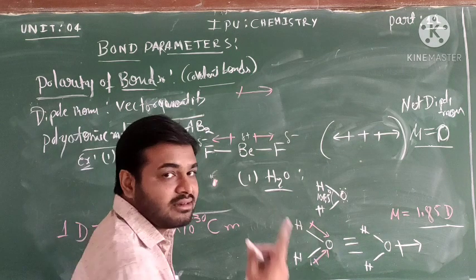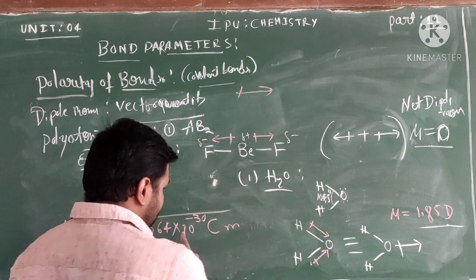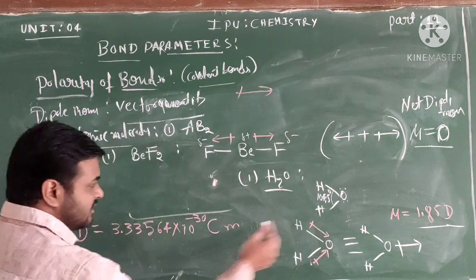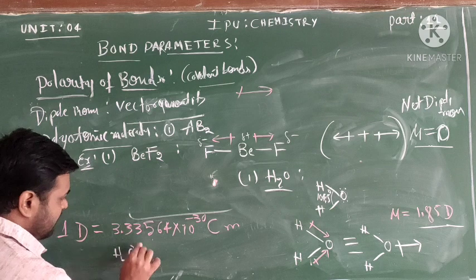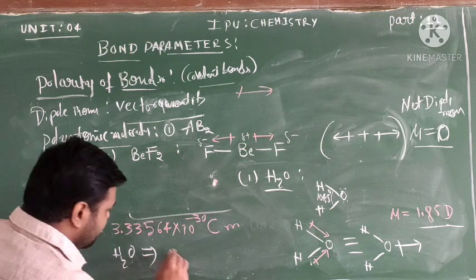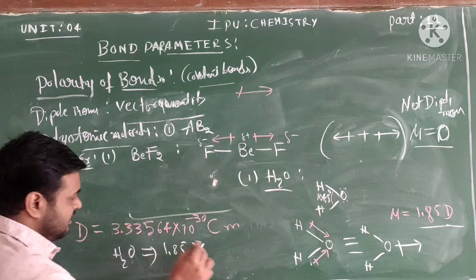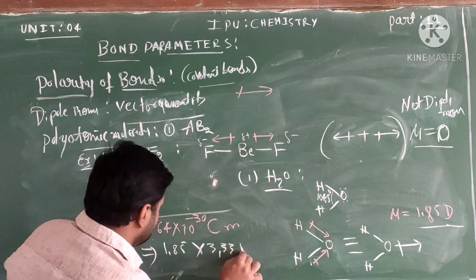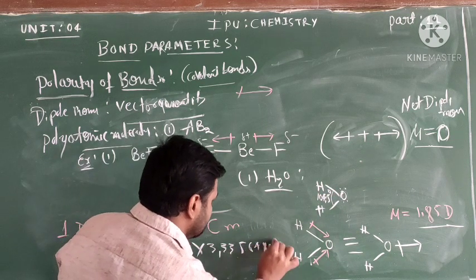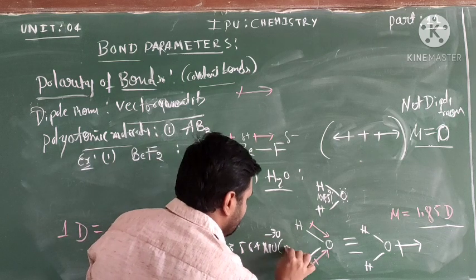Okay, so now you write the conversion of the net dipole moment of water. How much is the value? 1.85 into the Debye, which is 3.33564 into 10 to the power of minus 30 coulomb meter.